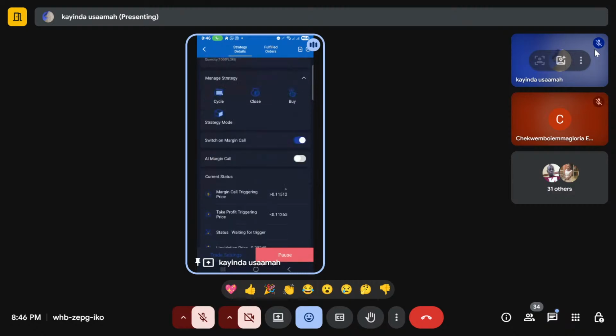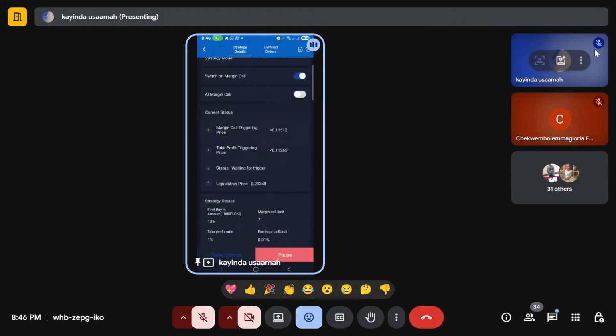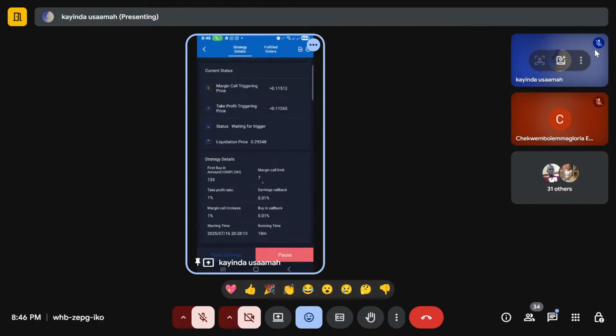For example, here it's showing us that it's going to buy at 0.115. Right now it's at 0.114. Then take profit. The robot has to sell at 0.112. Currently it reads 4% negative.